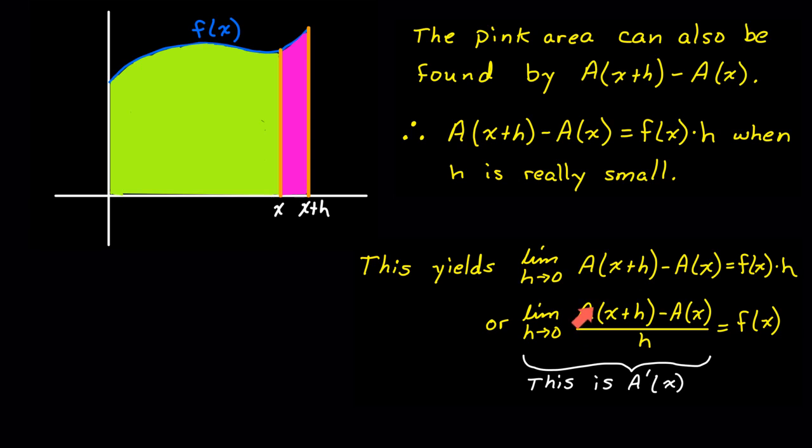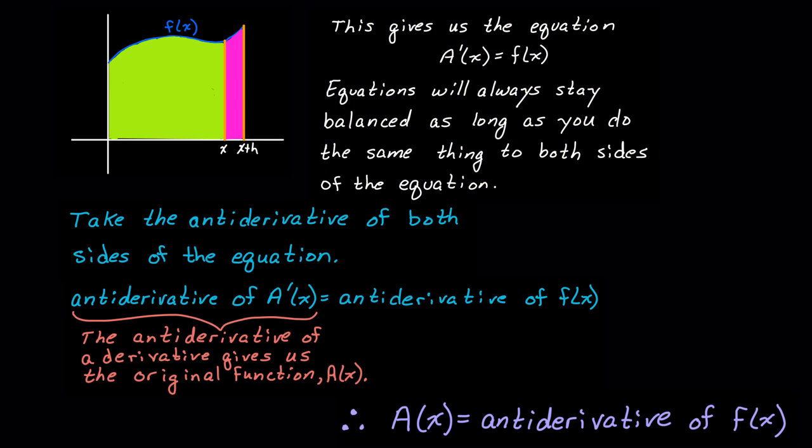And this would be the derivative of A, and so this represents A prime of x. So what that gives us then is this equation that the derivative of the area of our region that we're trying to find, the derivative of that area, is equal to f of x, the function.